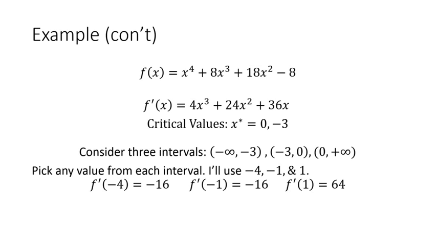So the value of the derivative at x equals -4 is 4 times -4 cubed plus 24 times -4 squared plus 36 times -4. You can do the math, it gets you -16. All I care about is the sign on the derivative. Sometimes that can speed things up.